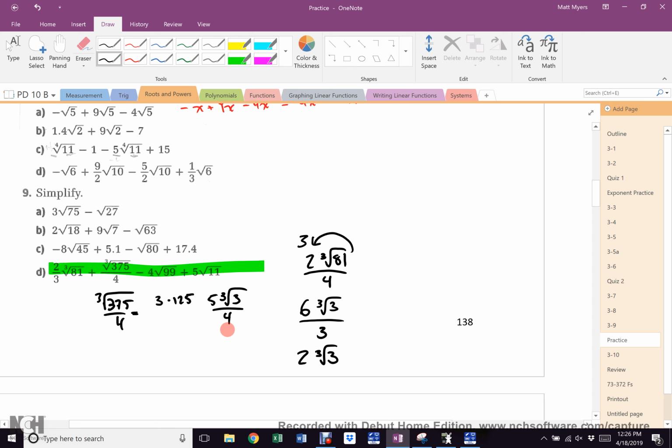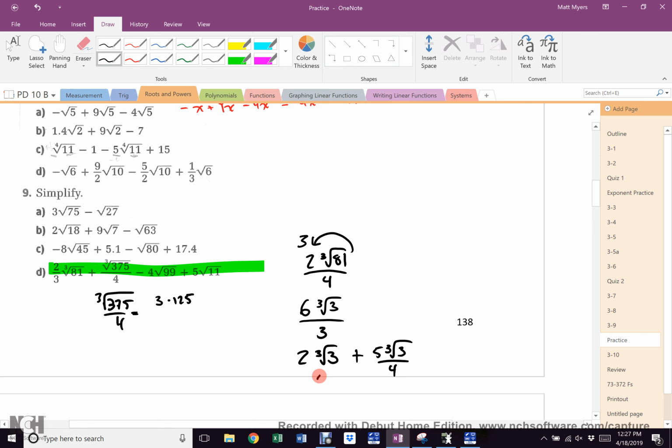So this part here is that plus that, isn't it? Well, how do I add two fractions? You don't need to know anything about radicals to add fractions. What do you need? Common denominator, which is what? 4.